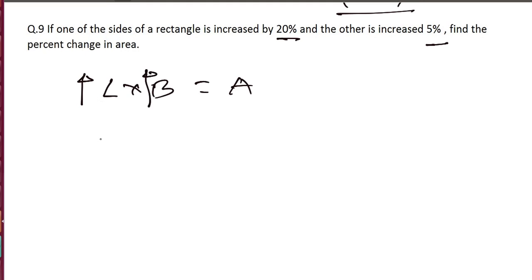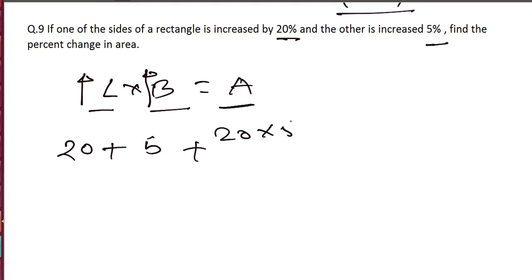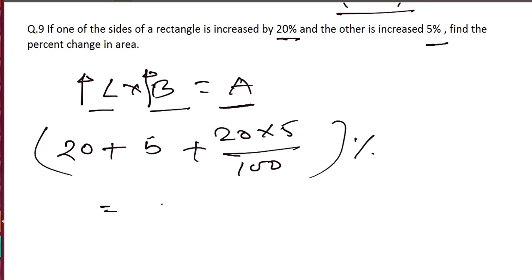So the overall change in the area is, again using the formula, a plus b plus ab by 100, which is 20 plus 5 plus 20 into 5 divided by 100. That's the overall change in the area.